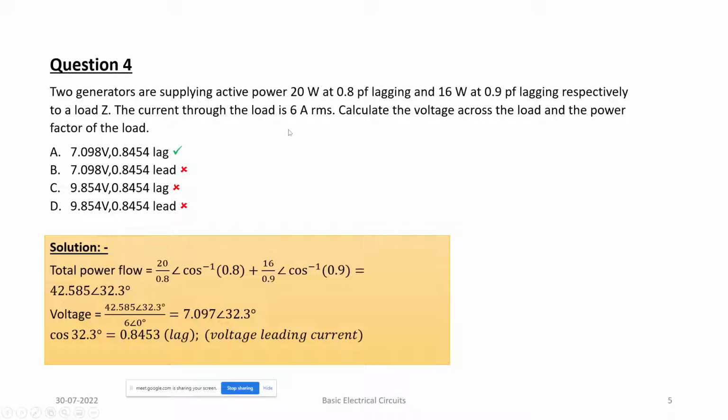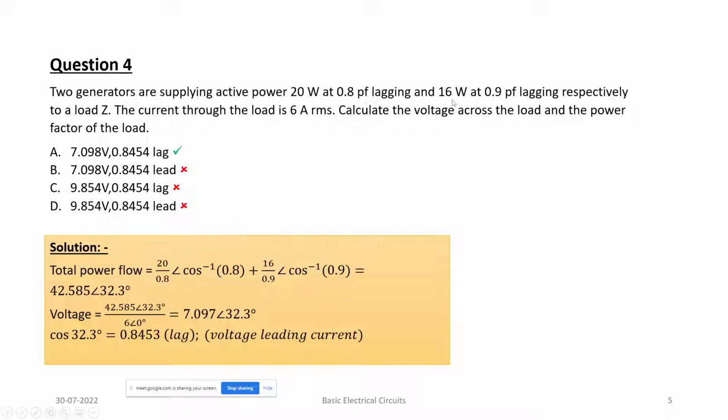To calculate the magnitude of the apparent power, we divide 20 by 0.8, because the magnitude of apparent power into the power factor gives the active power. It will be with an angle of cos inverse 0.8 because it's 0.8 power factor lagging.